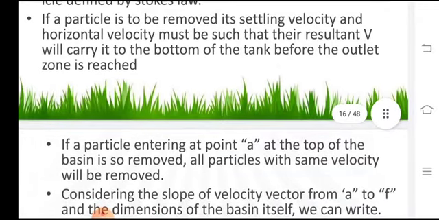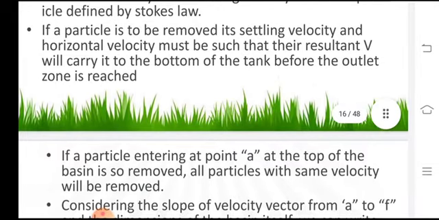Now this force which is described here will have a resultant. So first of all, we have a horizontal velocity, then we have a settling velocity, and in both the cases we will be having a resultant vector.